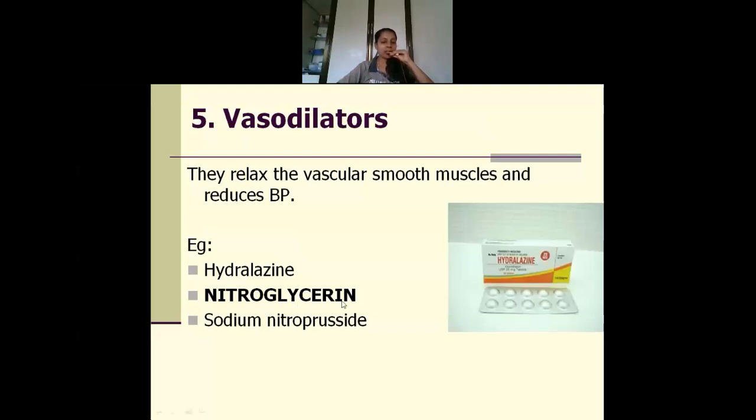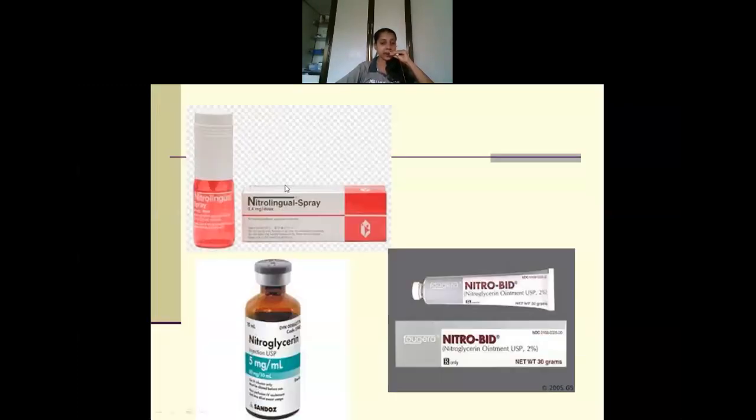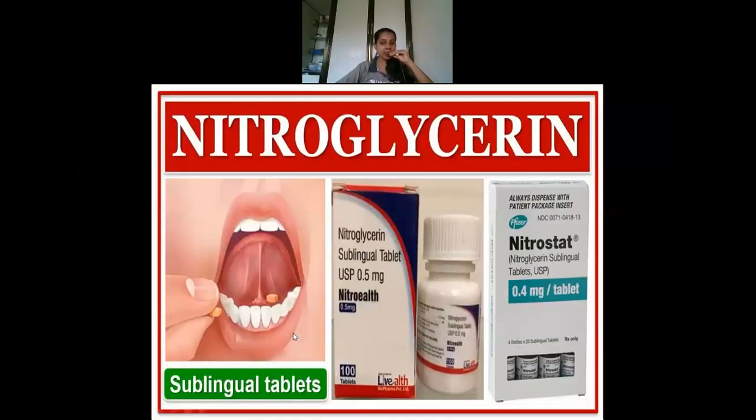The most important cardiac drug, nitroglycerin, as we know, is available in different forms: tablet, sprays, creams, and injections also. Nitroglycerin is one such drug which is given sublingual, means it is kept under the tongue. Whenever a person experiences chest pain and all, commonly initially we give these nitroglycerin tablets, kept under the tongue.